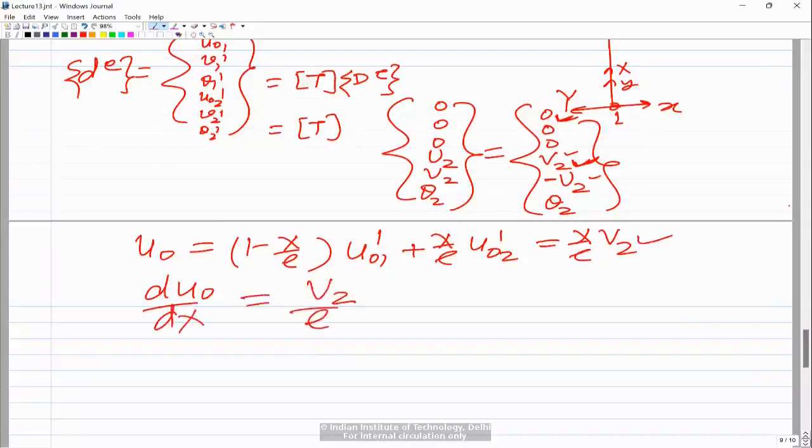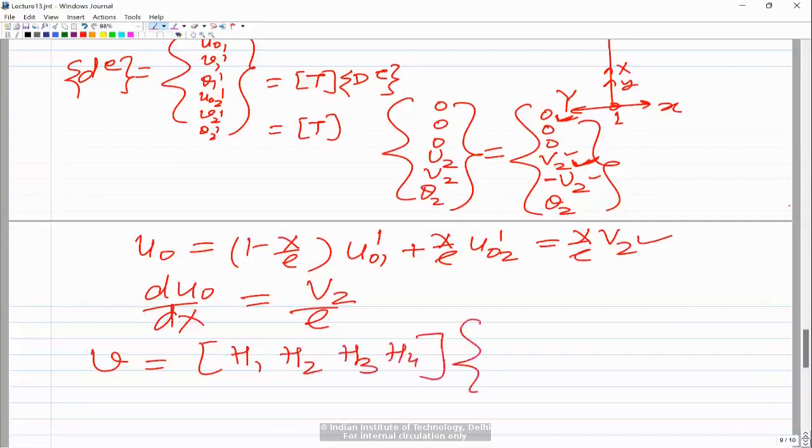Similarly, v is expressed in terms of these Hermite interpolation functions h1, h2, h3 and h4 into the corresponding degrees of freedom. So that is v1, theta 1, v2 and theta 2 for element 1.